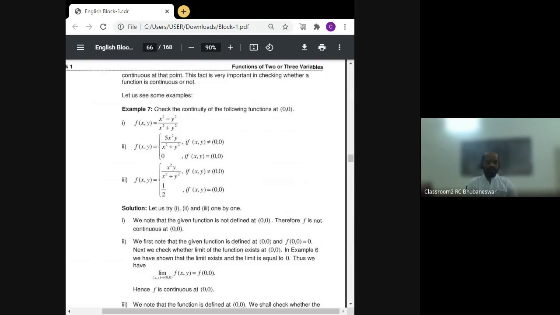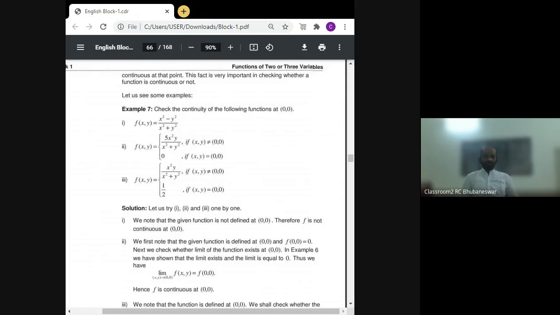So if the limit of the function does not exist, then we clearly give the conclusion that f is not continuous at the point (0, 0). Also we can notice here the function is not defined at the point (0, 0), because if we substitute x equal to 0 and y equal to 0, then the numerator will be 0 and the denominator will also be 0.